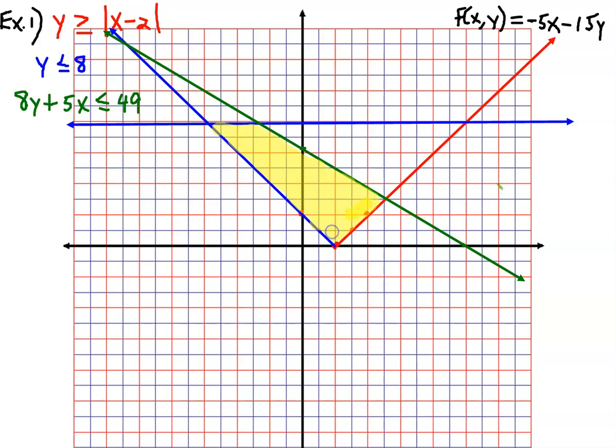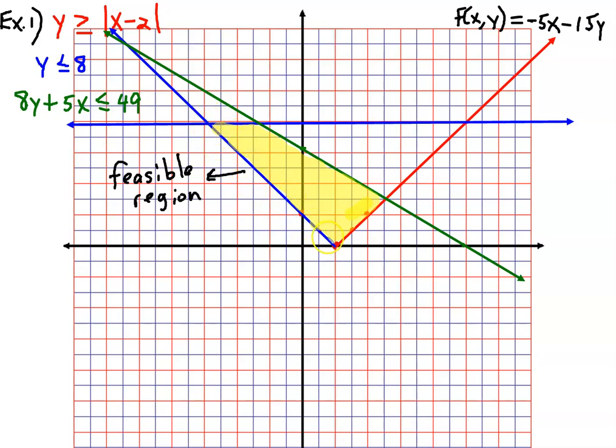Okay. Now, in linear programming language, this shaded region has a name. It's called the feasible region. And there are some very important points that we get from the feasible region, and they exist where two lines cross.